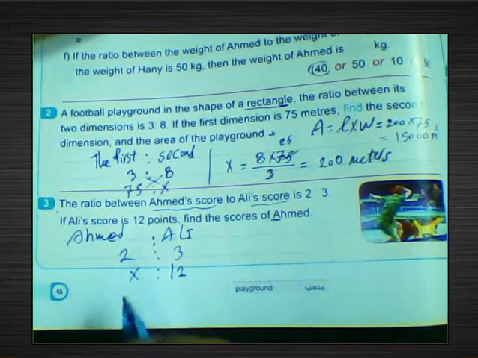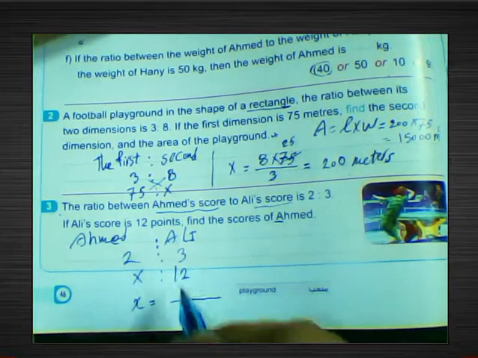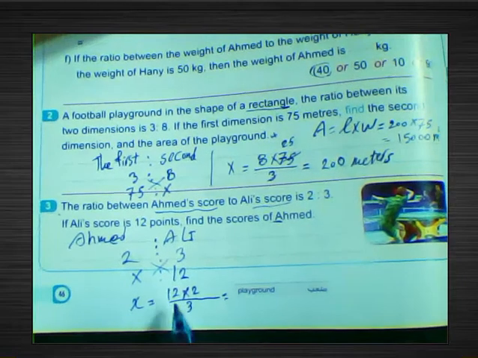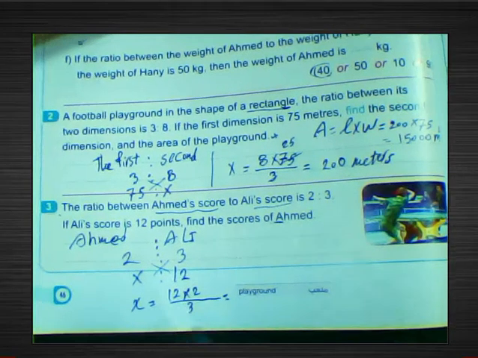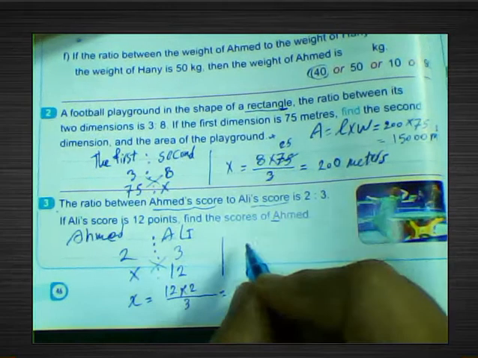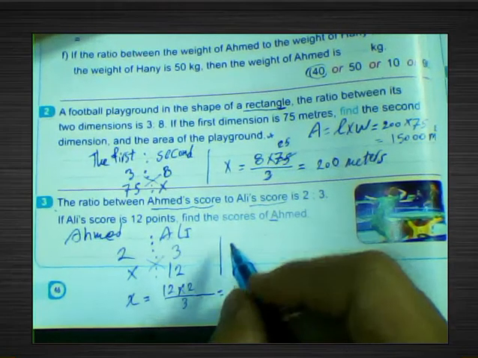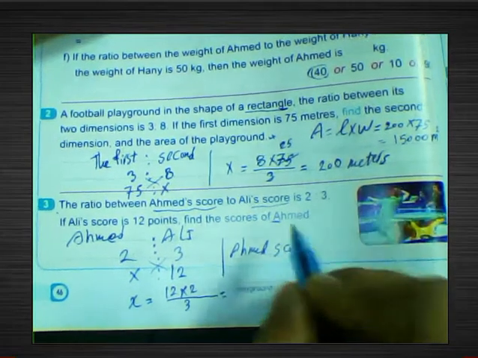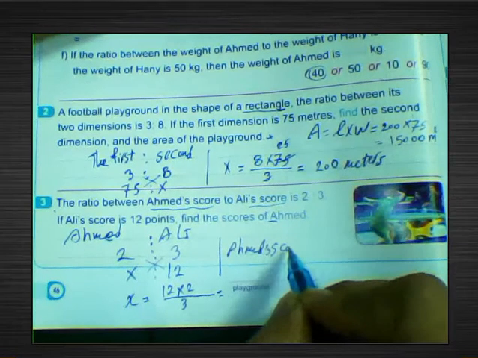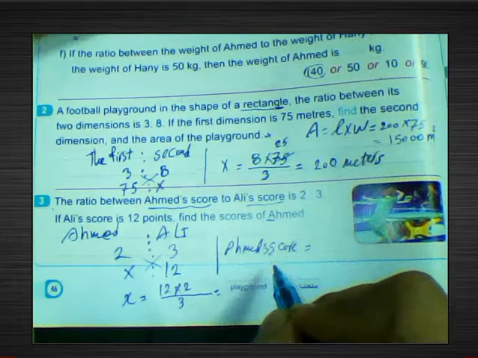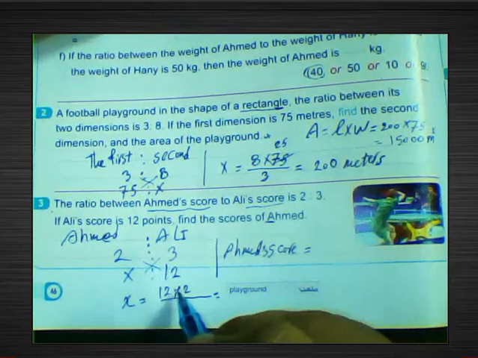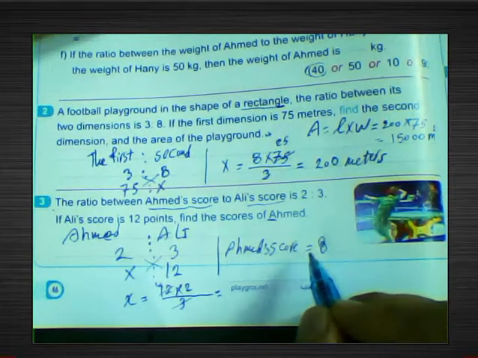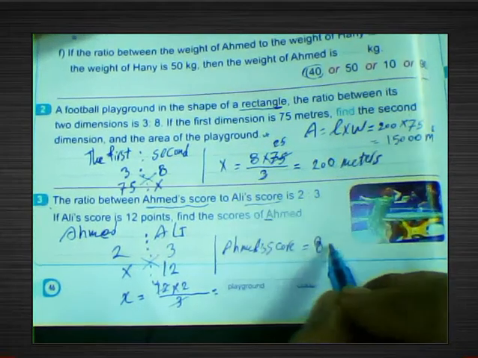X will be 12 times 2 over 3. 12 divided by 3 equals 4. 4 times 2 equals 8. So Ahmed's score equals 8. We write 8 here. It's okay. 8 points.